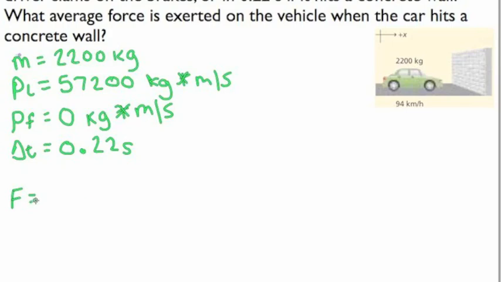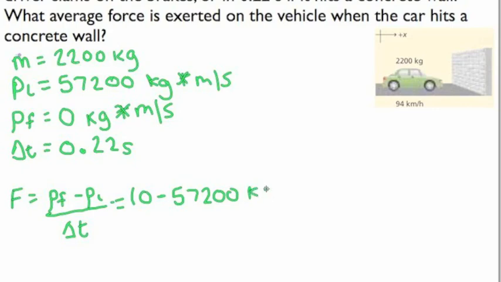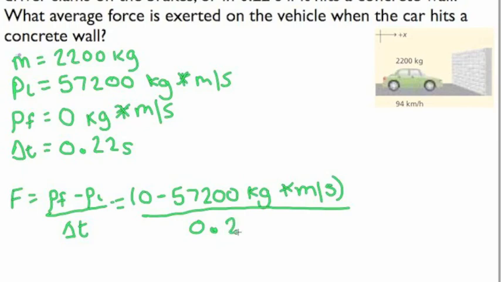We use the same formula: our final momentum minus our initial, divided by our change in time. And we'll take our final momentum, which is 0 again, minus 57,200, divided by 0.22 for our time.